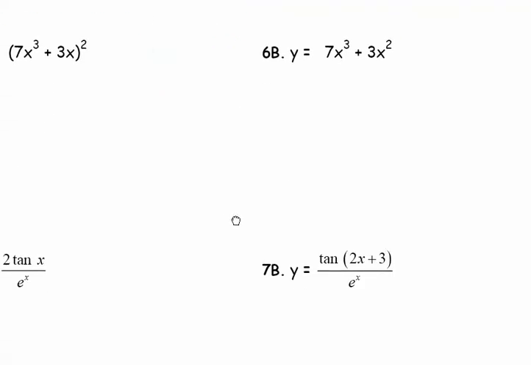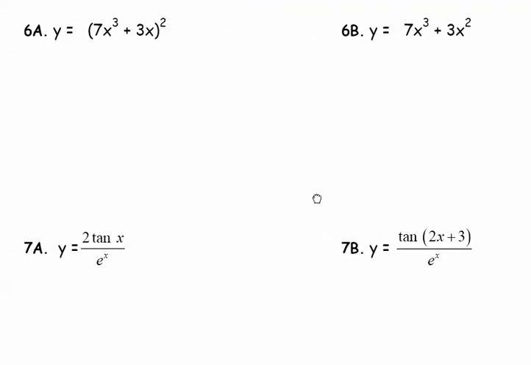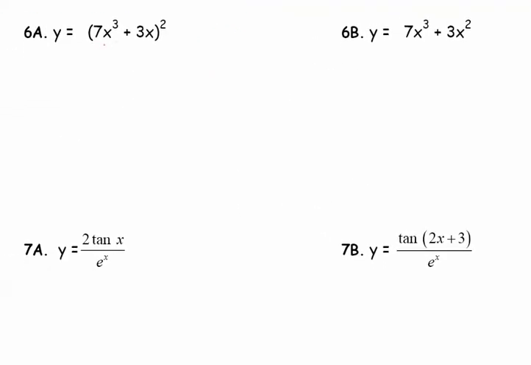All right, and let's see what we've got for 6a and b. In 6a, we have the entire parentheses squared. So we have a cubic function inside of a quadratic function. As opposed to 6b, each of the terms is simply a power rule individually.